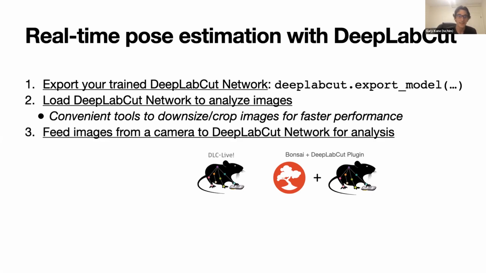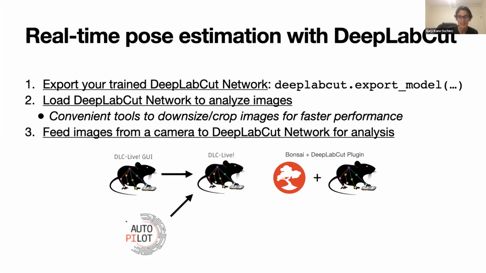And then finally, we need a method for feeding images from the camera straight to DeepLabCut. Bonsai already takes care of this part, but we've also developed two additional packages that use DLC-Live for real-time pose estimation. First, a standalone GUI, which we're calling the DLC-Live GUI. And we've also integrated DLC-Live into the behavioral control software AutoPilot.